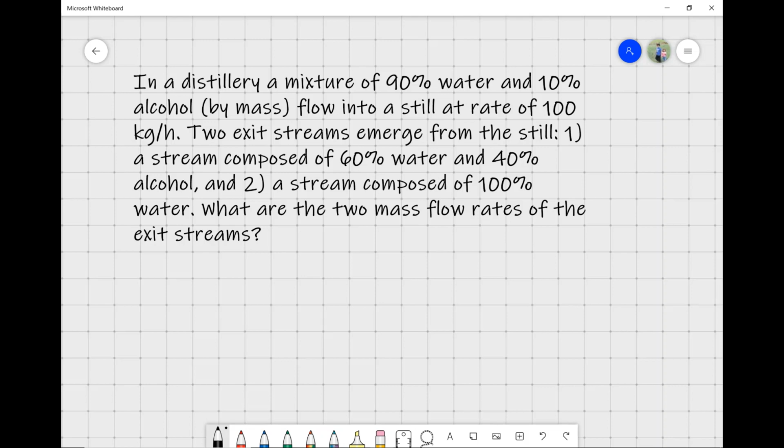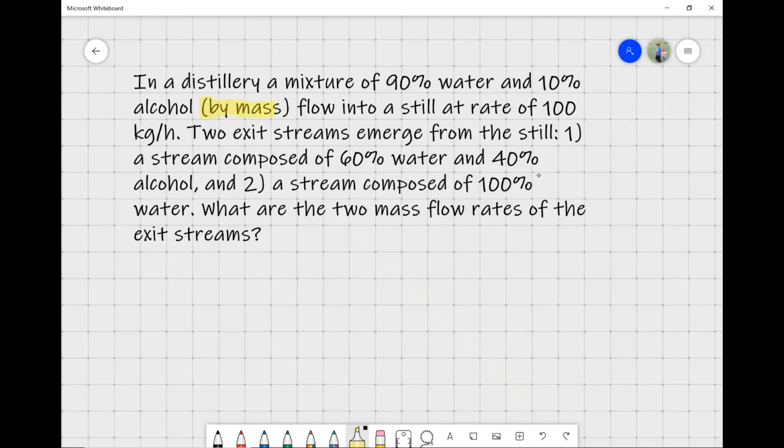So, in a distillery, a mixture of 90% water and 10% alcohol, and it's very important to specify what the designation is. It could be by mass, by mole, or by volume. Those are the three combinations we work with in this class.